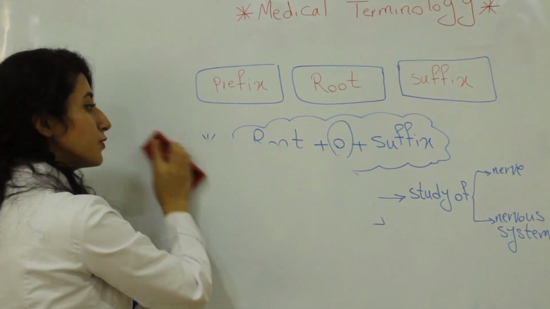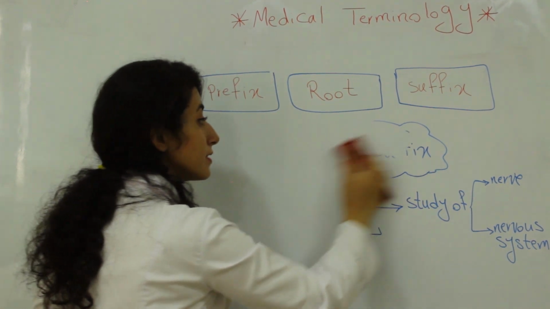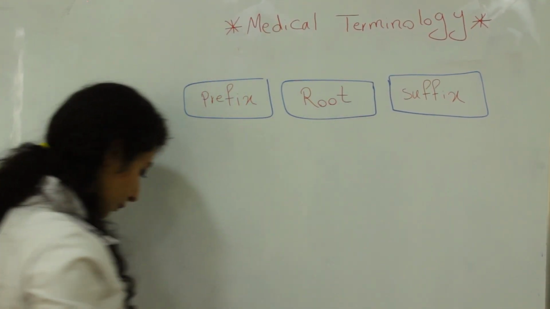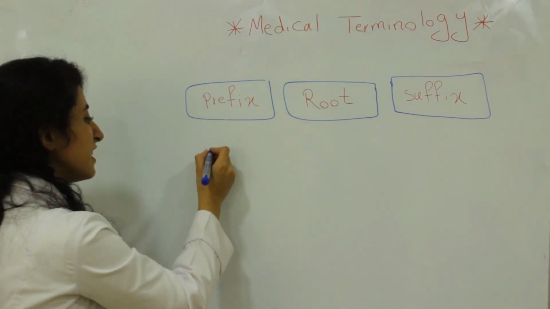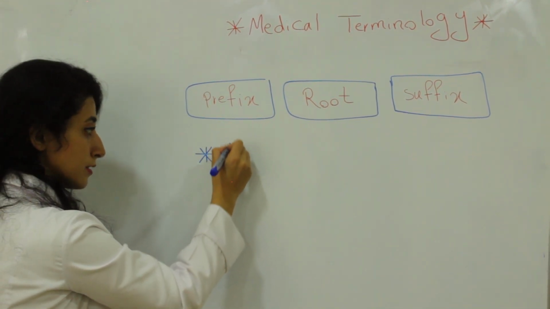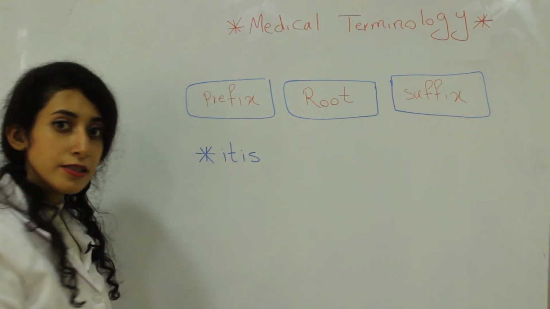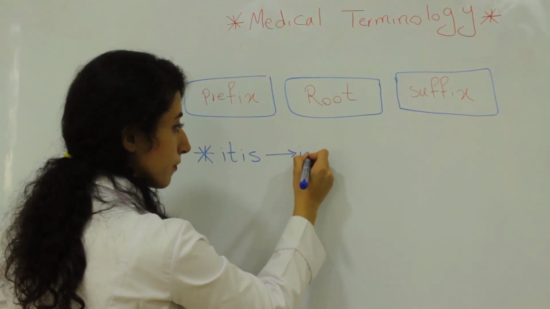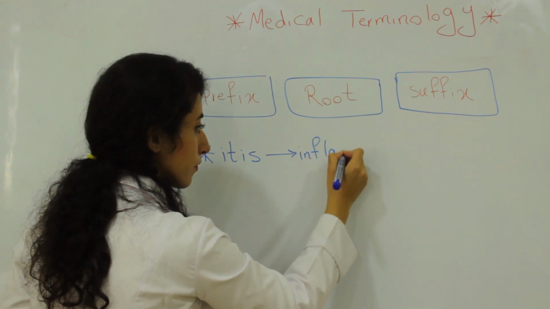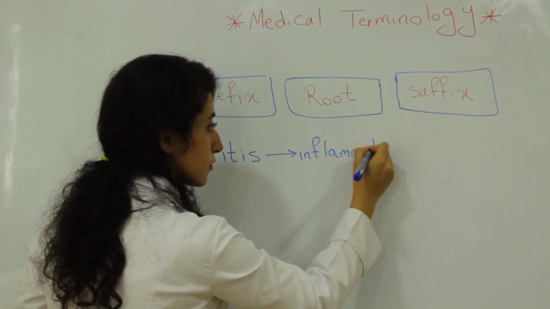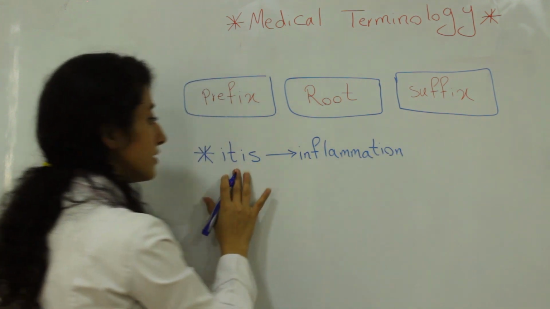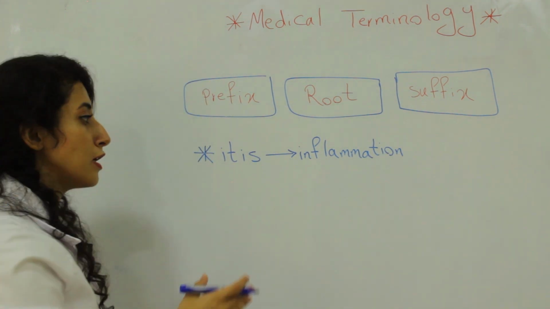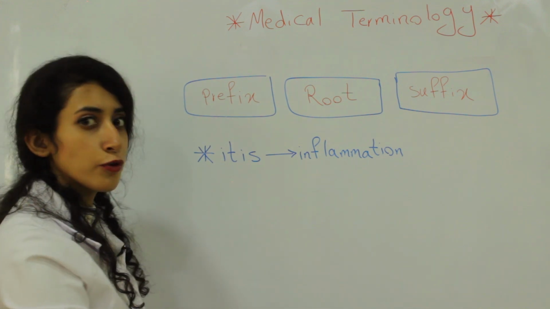I want to introduce you to a special suffix that we can see in many medical words. This suffix is itis, I-T-I-S. Itis means inflammation. So if we add itis to any root, it changes the meaning to the inflammation of that part.